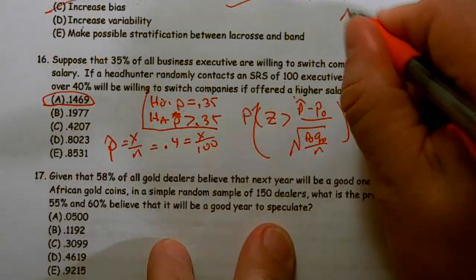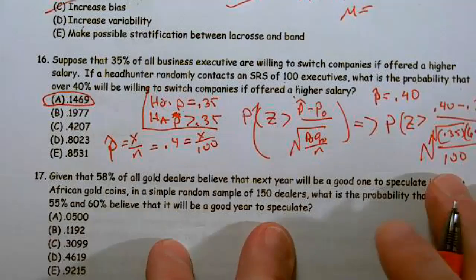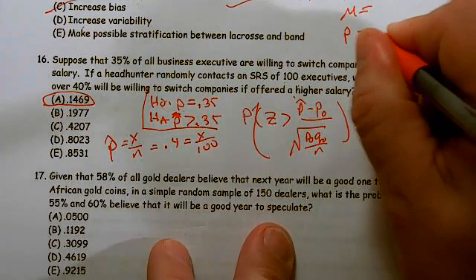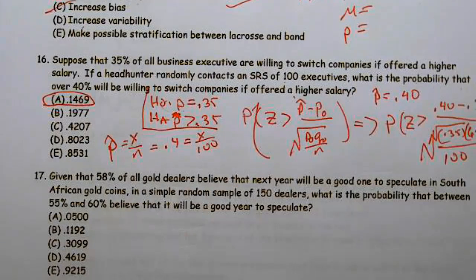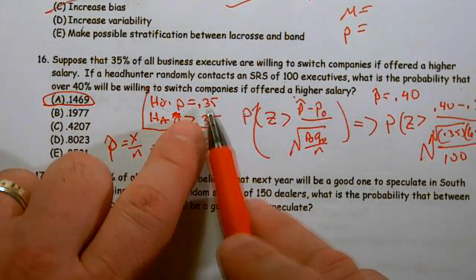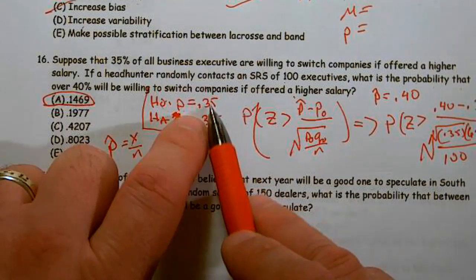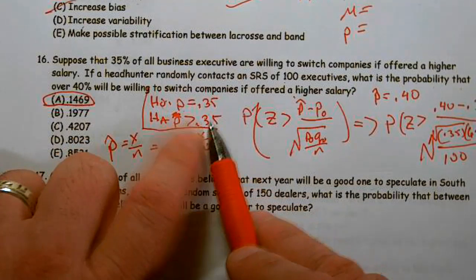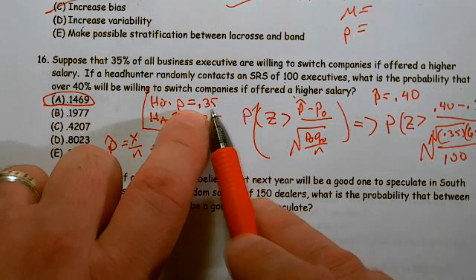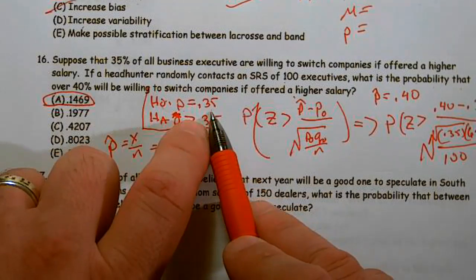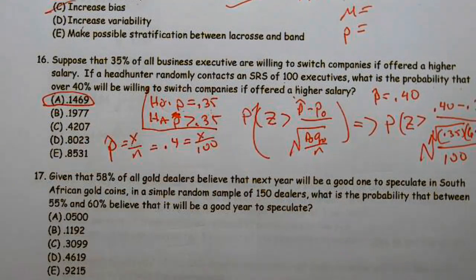They will always be either mu equals if we're doing a test for means, or P equals if we're doing a test for proportions. Do not use P hat values here. Do not use sample statistics here. These must be population statistics, either the population mean or, in this case, the population proportion.